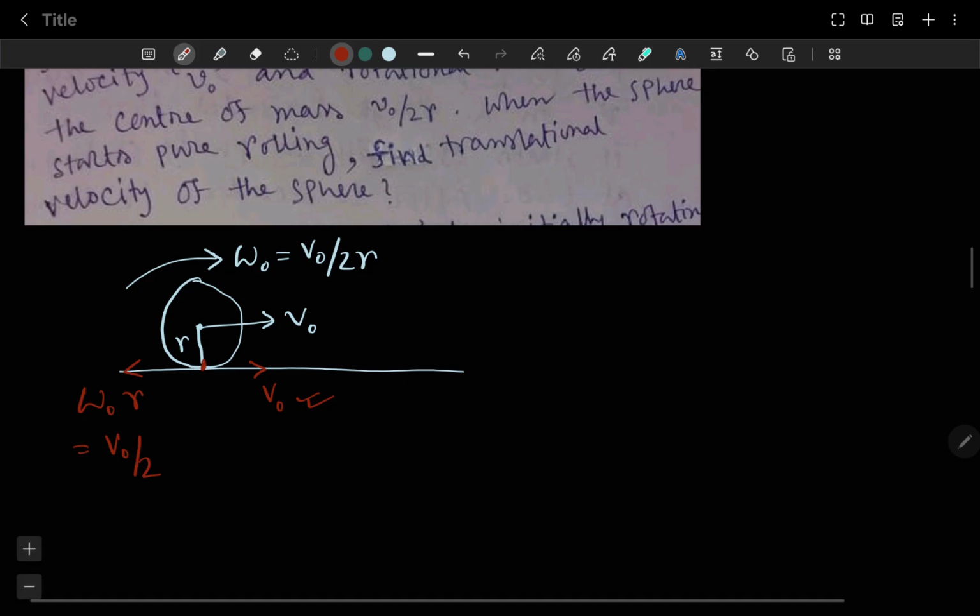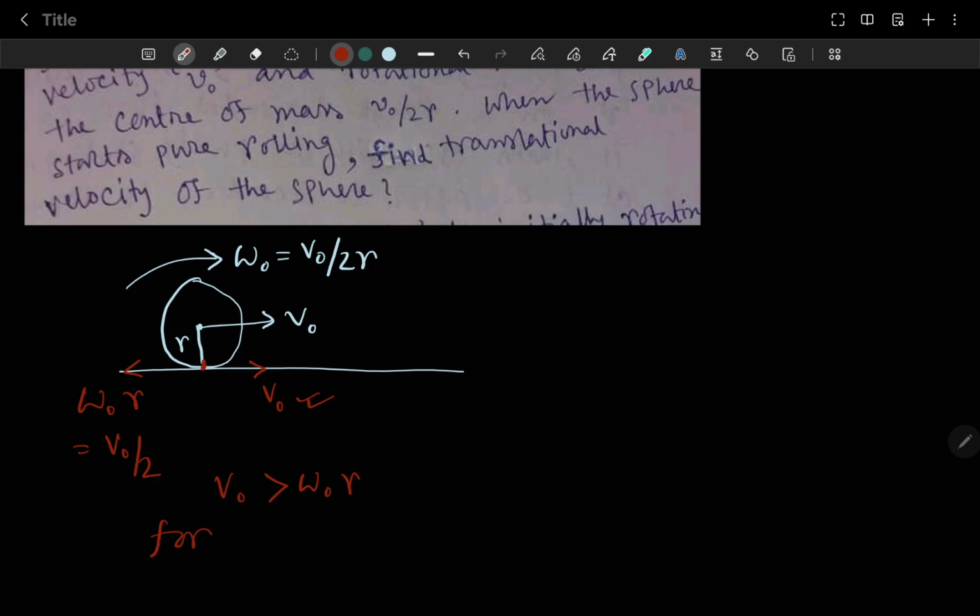So clearly v0 is greater than omega 0 r. So it is a case of forward slip, right? So when it slips forward, friction acts backward.